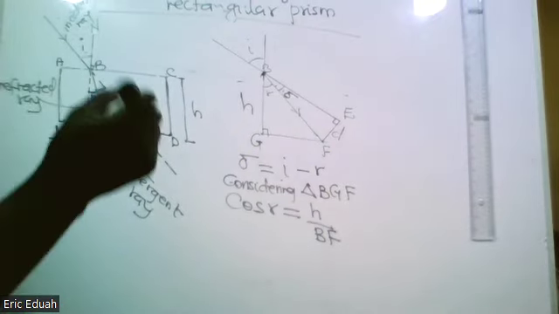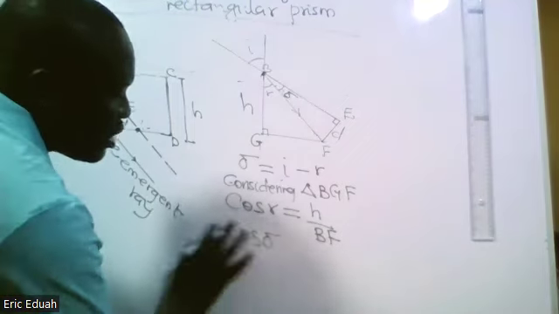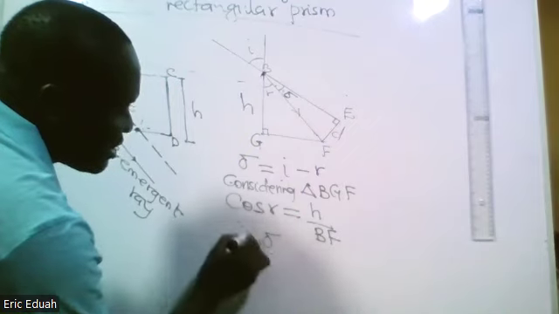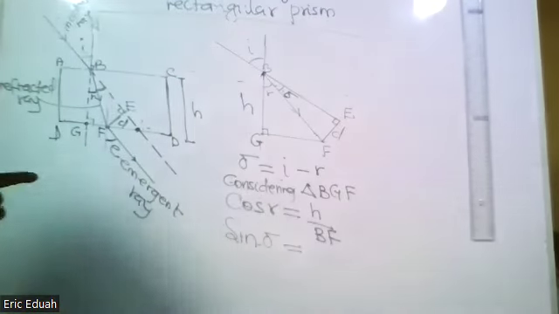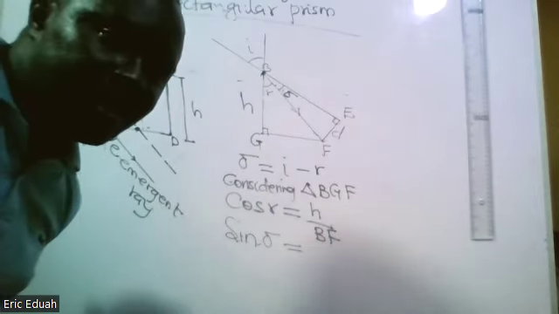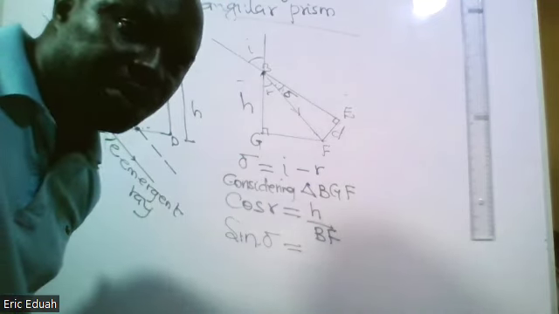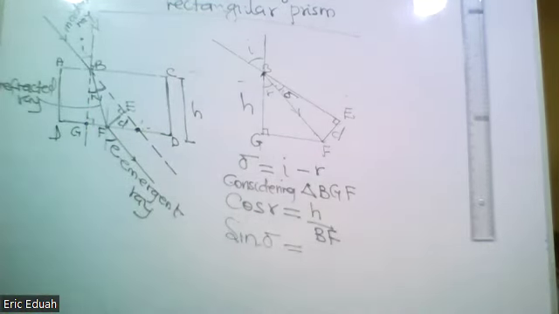Let's find the sine of the angle of deviation, sine sigma. Help us determine sine of this angle. Sine of sigma is opposite over hypotenuse.